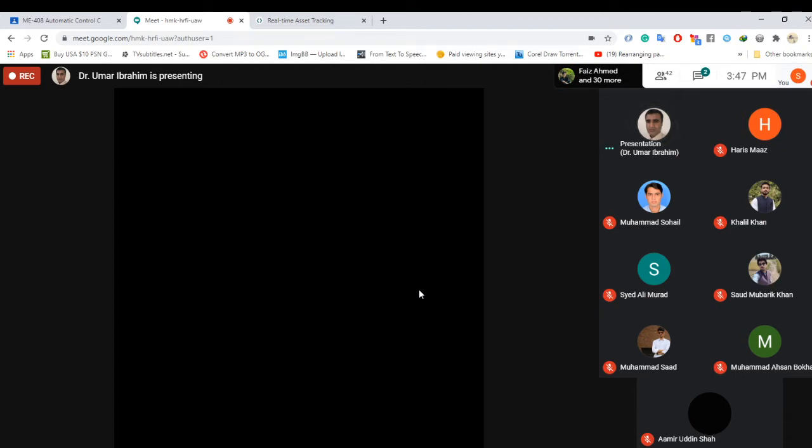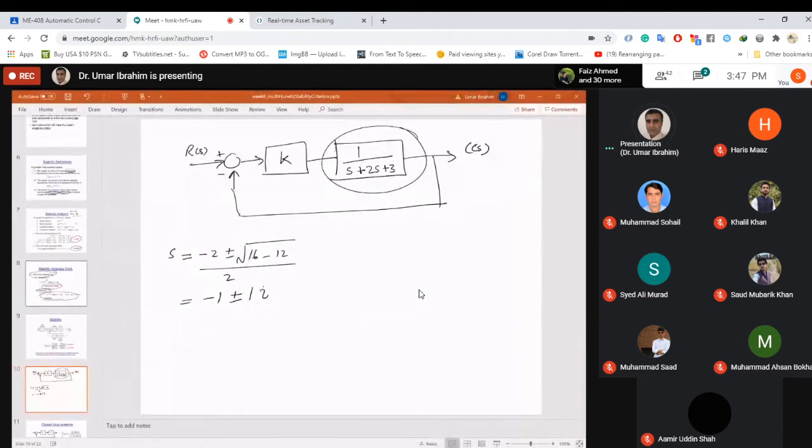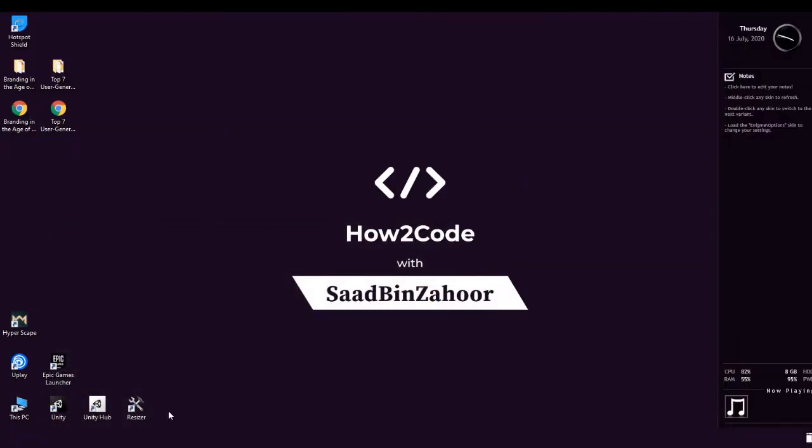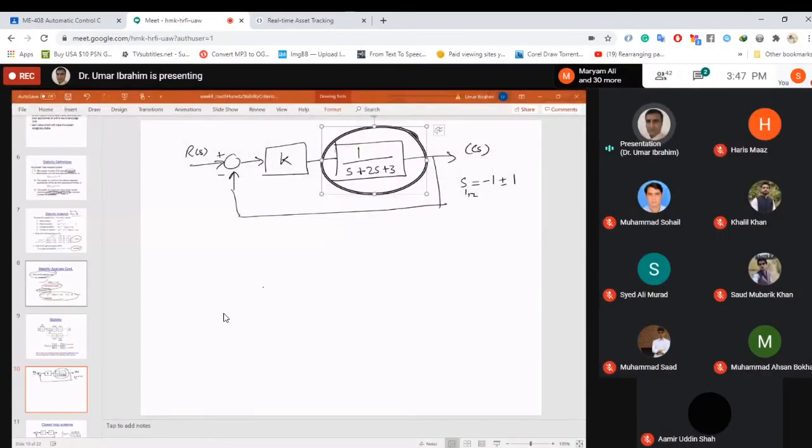Now, if my roots are minus 1 plus minus 1, that's 1 comma 2. Question number 1: is the plant itself stable? This is the plant transfer function.